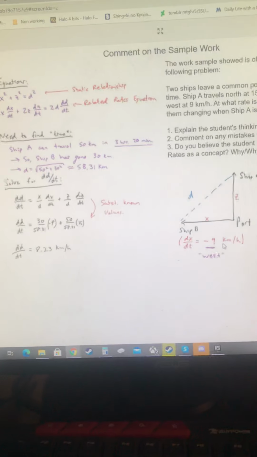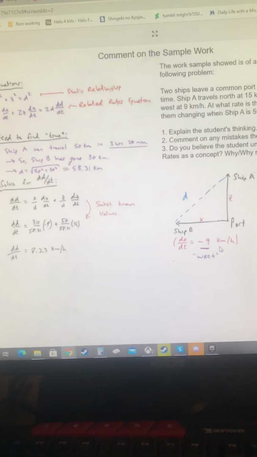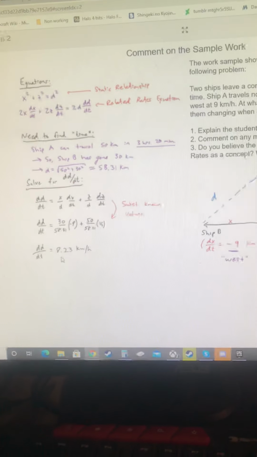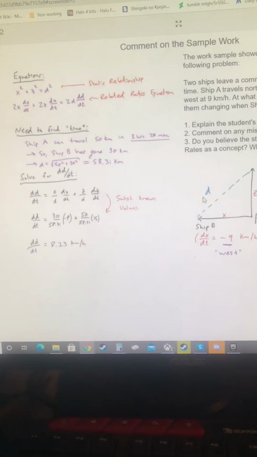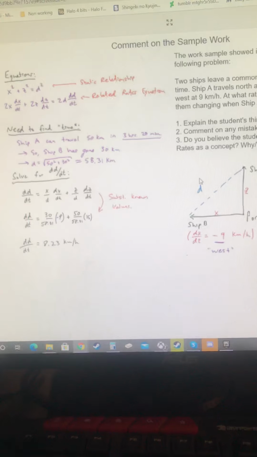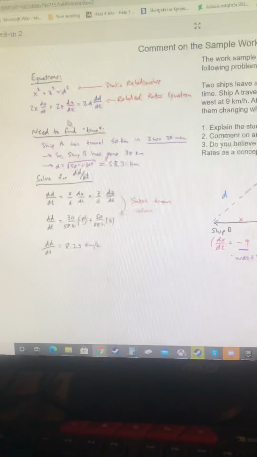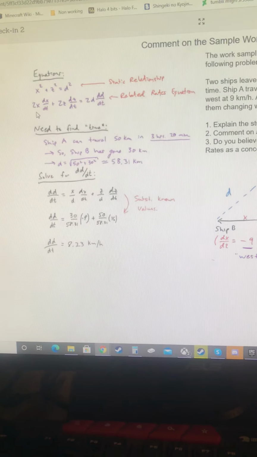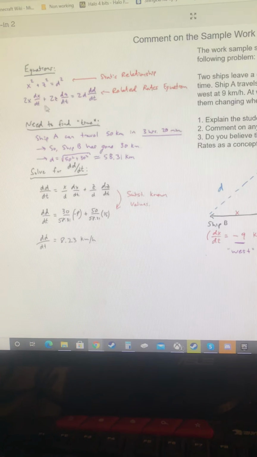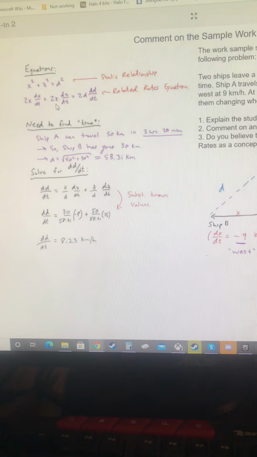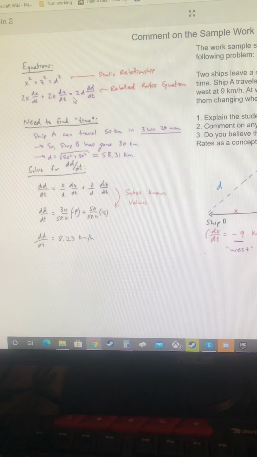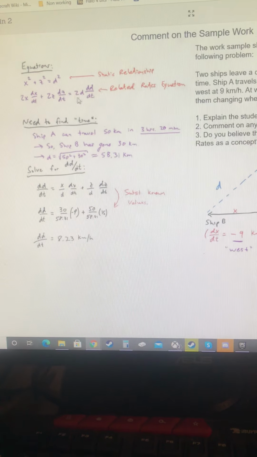But because they have a rate of change of negative 9 kilometers an hour, because they assumed west, they get an erroneous number, which is 8.23 kilometers per hour for the change of D. That isn't right, because that would basically make this equation 2x times the derivative of x plus, or actually it would make it negative 2z times the derivative of z equals, well, etc.